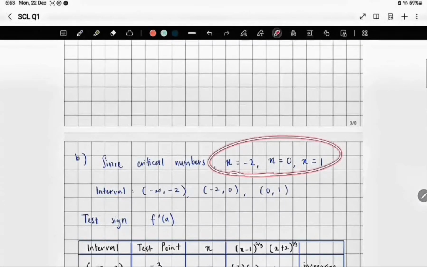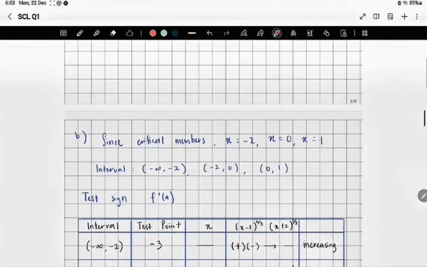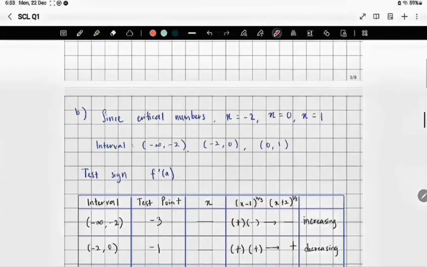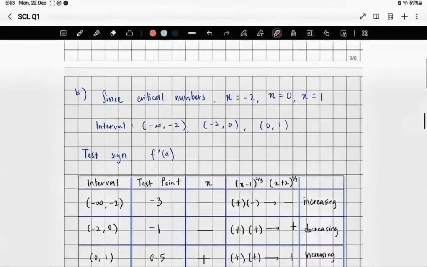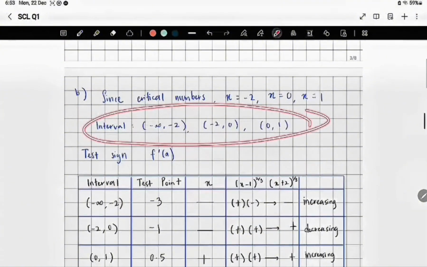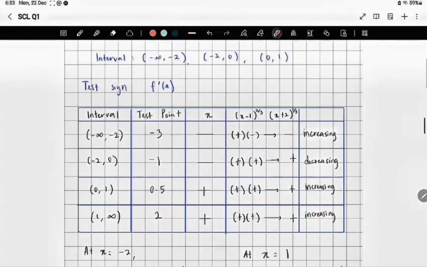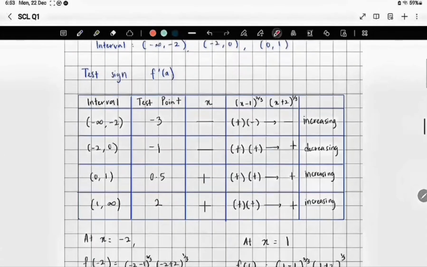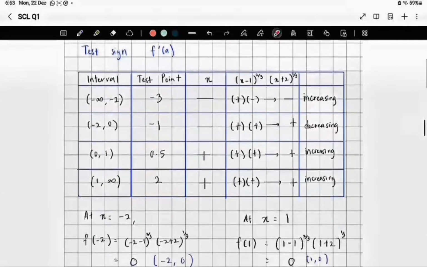I've written here the critical numbers we got from part A. So this is our interval, and this is our table of signs for the first derivative, with the test points I use for each interval. We choose test points like -3, -1, 0.5 and 2.